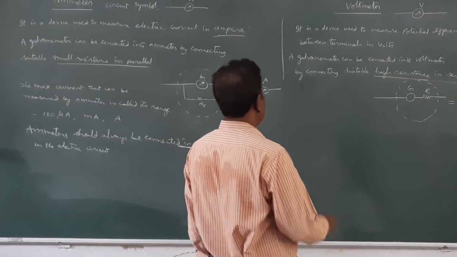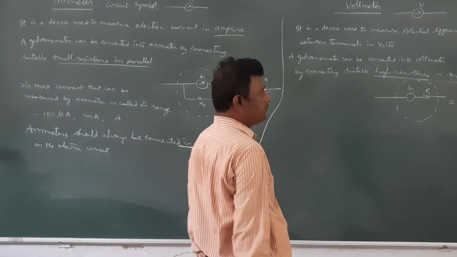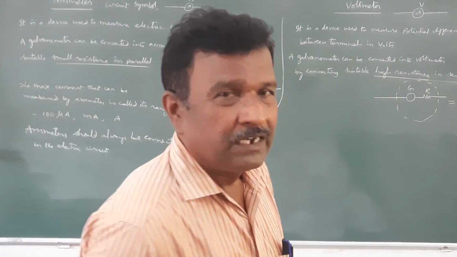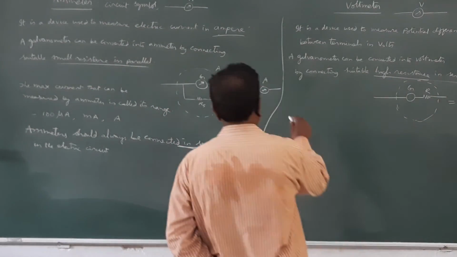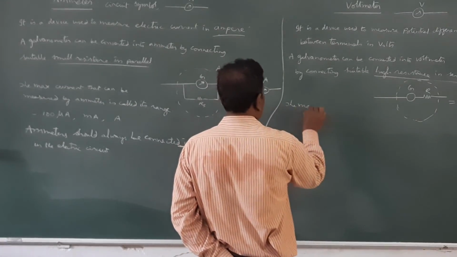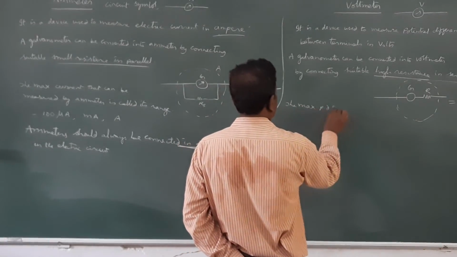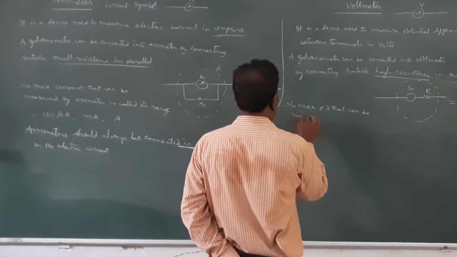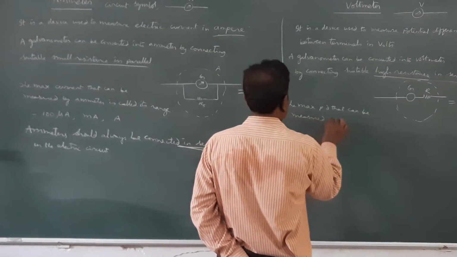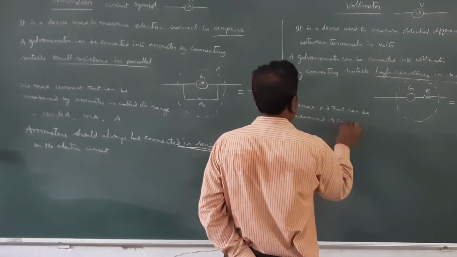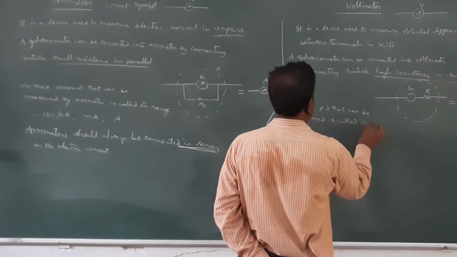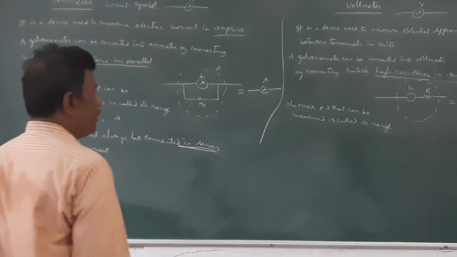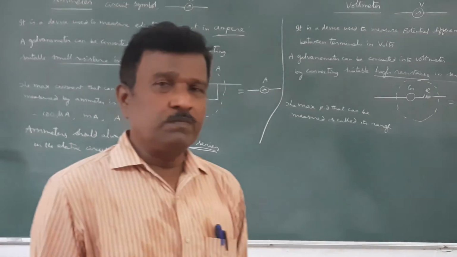Similarly, the maximum voltage that can be measured with the voltmeter is called its range. We can have different voltmeters.